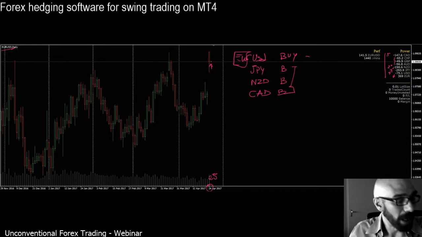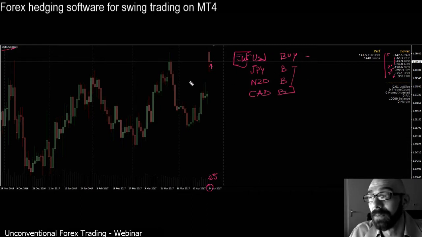Okay, so I run my algorithm on, it's indifferent because on every pair, in every chart that you use it, it gives you the analysis of all the currency pairs. So I started anyway on a Euro USD chart, on a daily chart, and I can analyze the performance within the time frame that I decide.